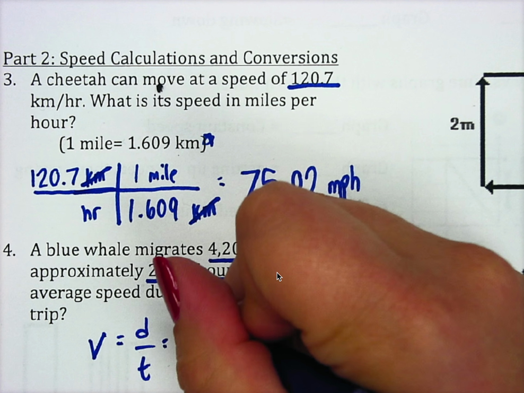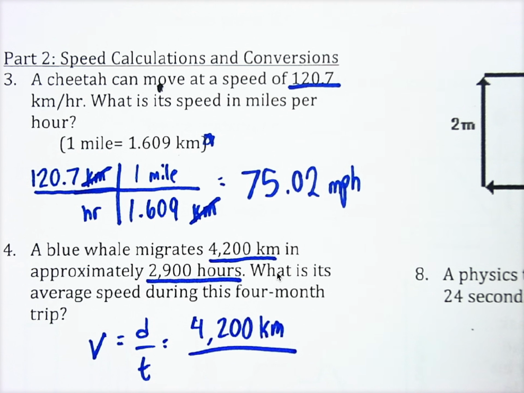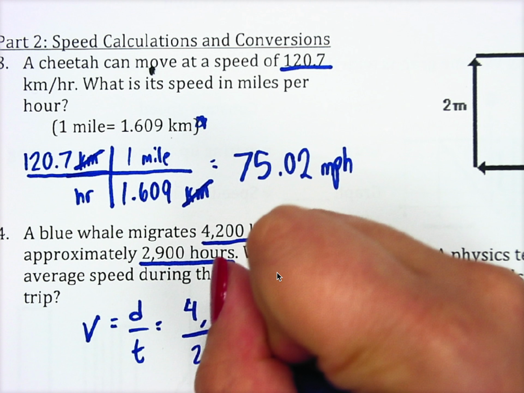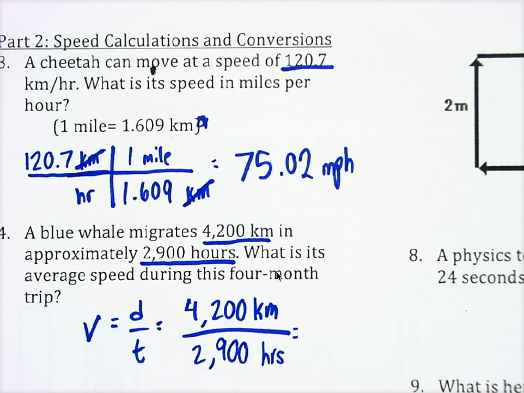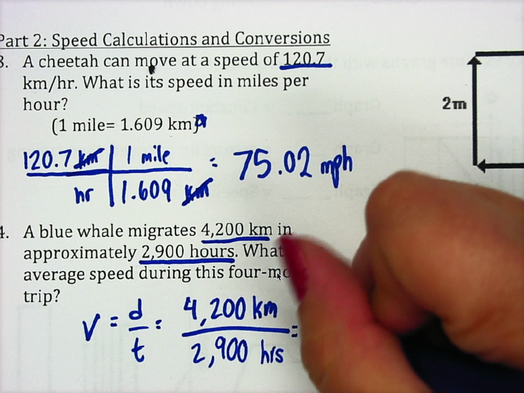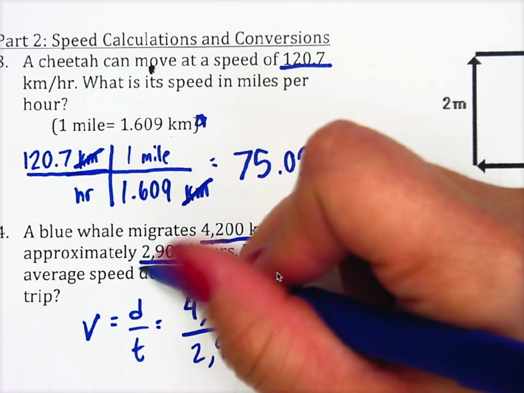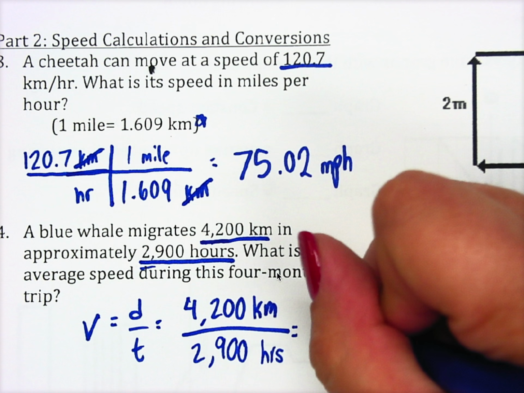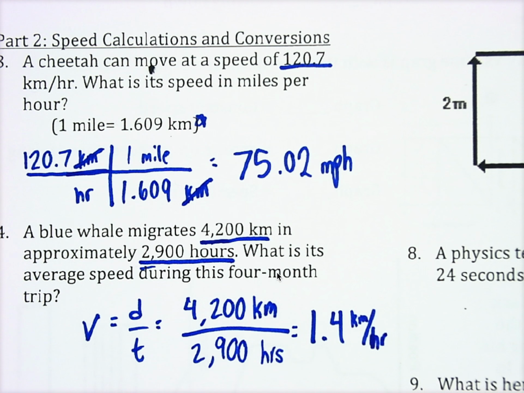The distance is 4,200 kilometers. The time is 2,900 hours. We divide that and we get 1.448 something. We'll round it to 2 sig figs since these numbers each had 2 sig figs. So 1.4 kilometers per hour.